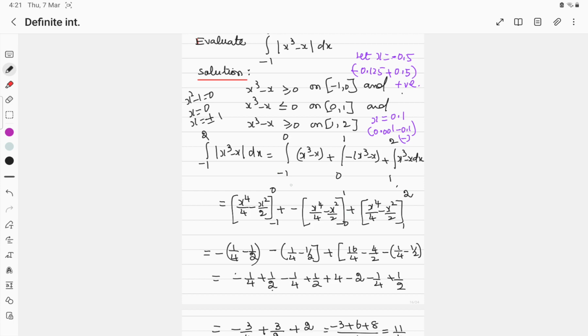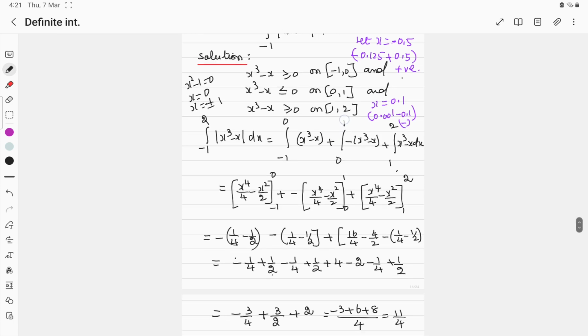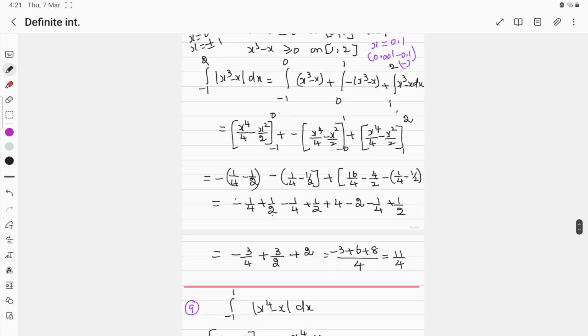Then using the limits minus 1 to 0, 0 to 1 and 1 to 2, we get 11 by 4. Here, upper limit x is equal to 0, but lower limit minus of minus 1 we have to use here.